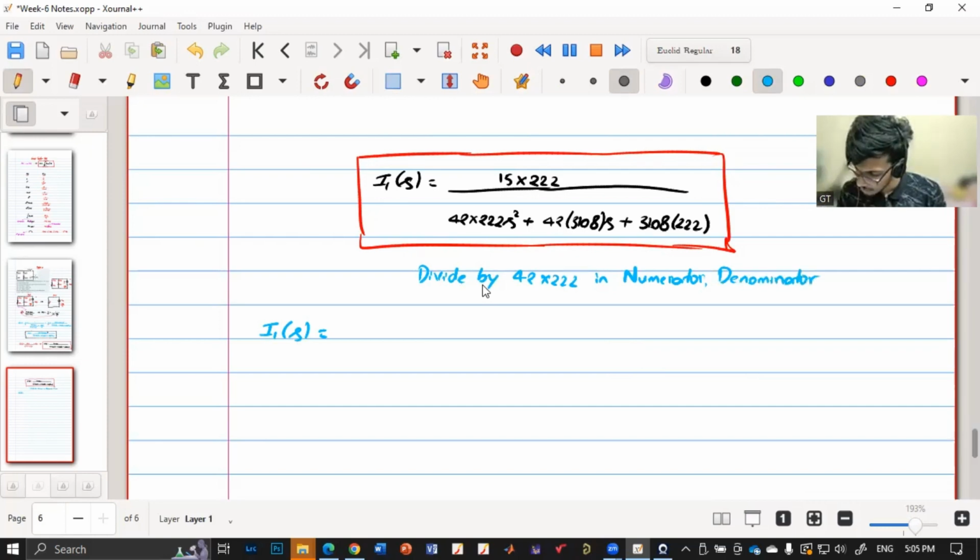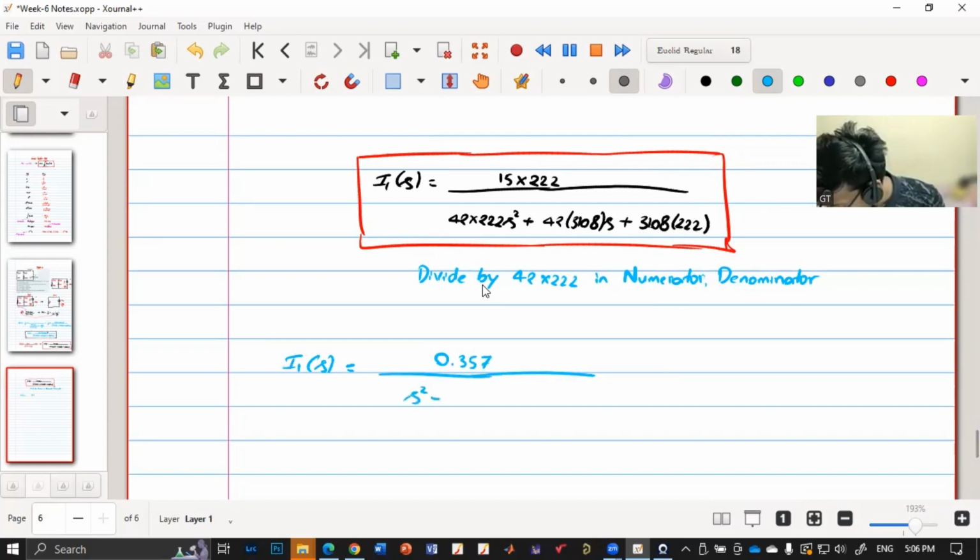Then we'll be getting something like this. So you also do along with me, and in case I make any mistakes, you can correct me. So I got something like this: 0.357 by S square plus 14S plus 74. Yeah, so I got something like this.